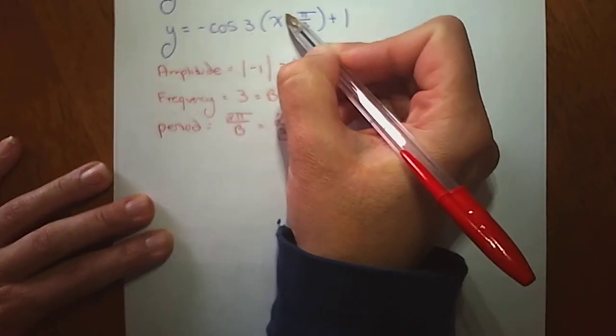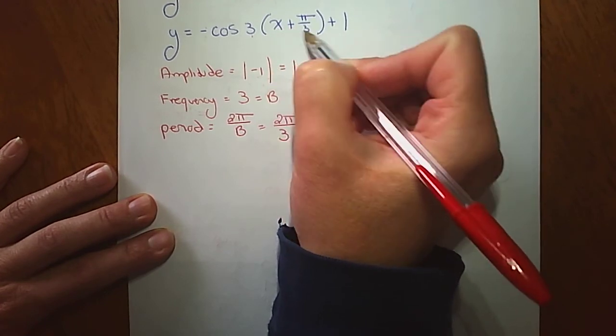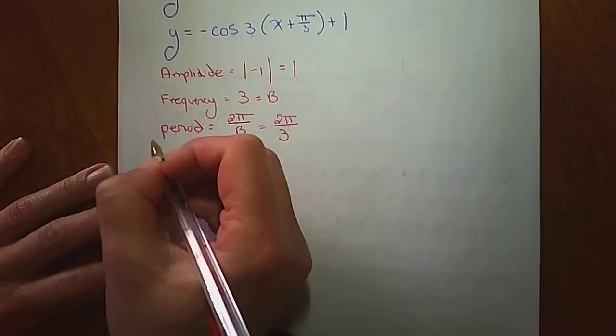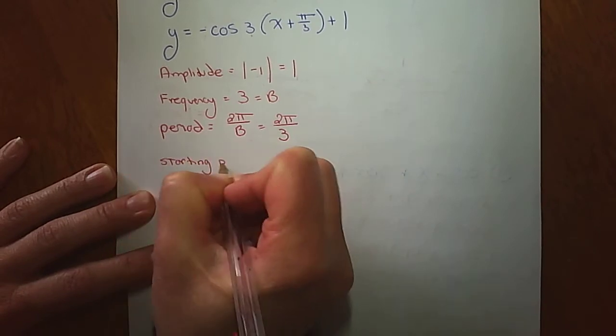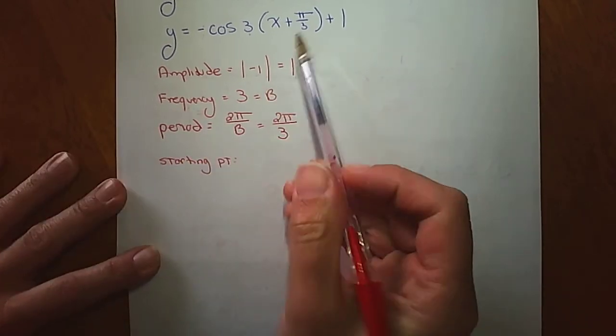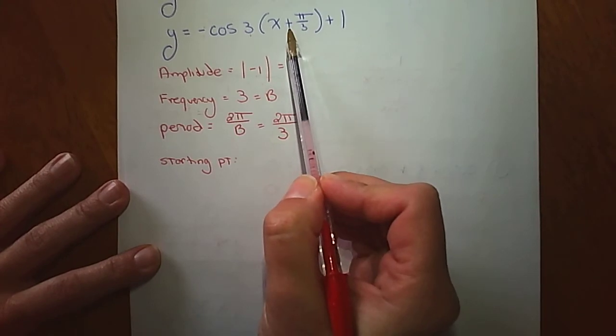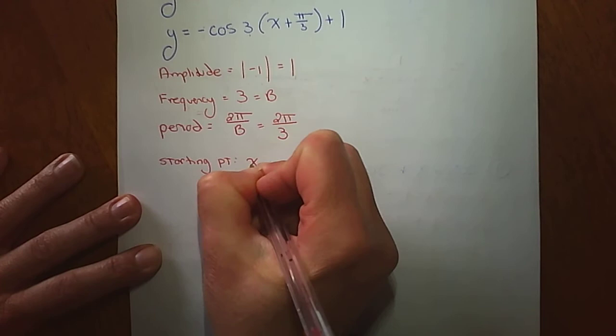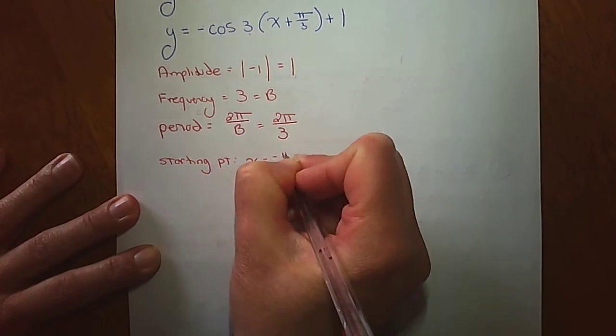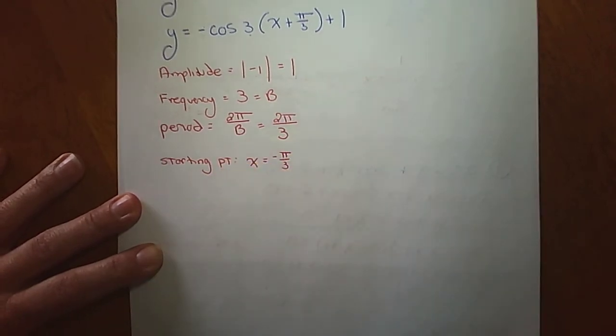Now this, x plus pi over 3, is my horizontal shift. It gives me my starting point. So instead of starting at the origin, this means we're going to shift our picture to the left pi over 3. So our picture is going to start at x equals negative pi over 3.